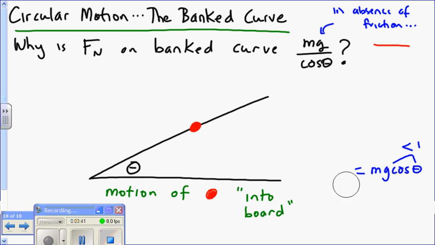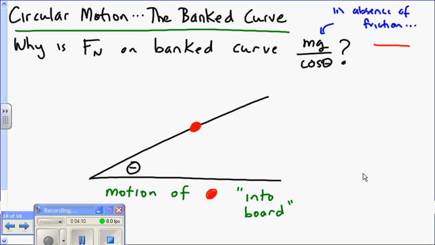Now, in this case, I'm telling you in advance that it's actually the total opposite. On a banked curve, the normal force, the pressure between you and the surface, or the car and the surface, is greater than gravity. I say that because if you divide gravity, mg, the weight of the vehicle, by something less than 1, you end up with a number greater than 1.